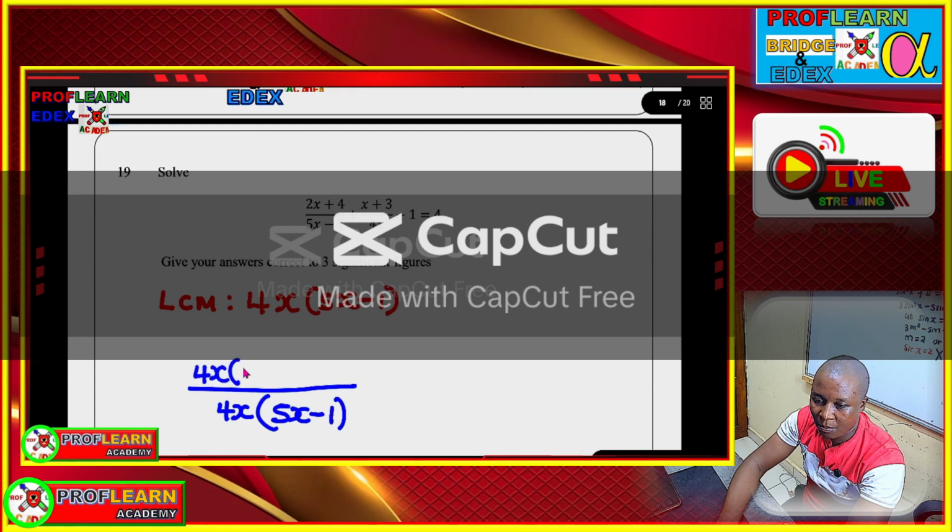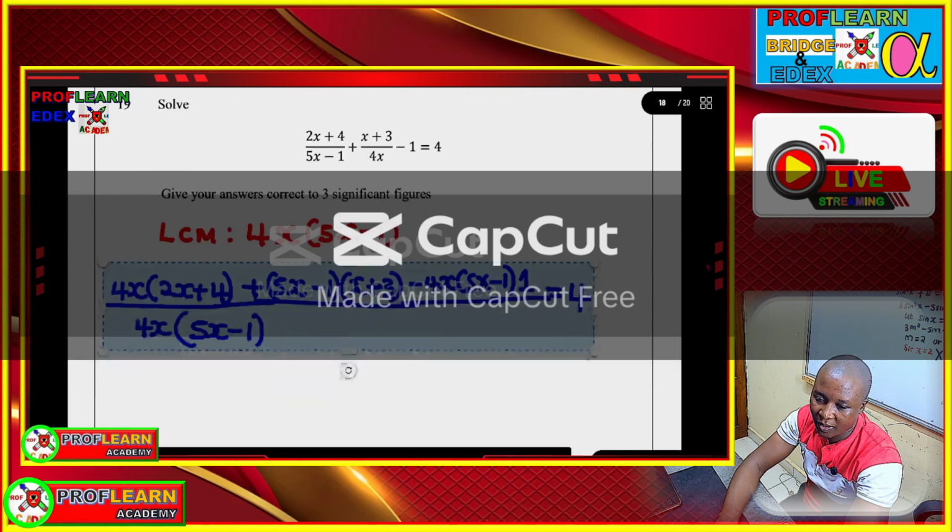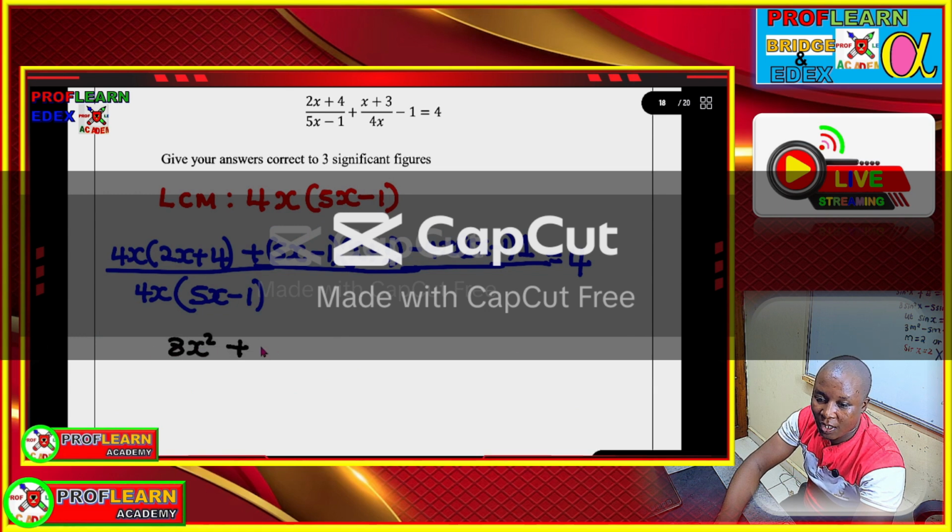The first term, I'll multiply 4x into 2x plus 4, and this is going to be plus 5x minus 1 into bracket x plus 3 equals to 4. Of course, we are going to expand the brackets. Having this, we are going to simplify and put the like terms together.